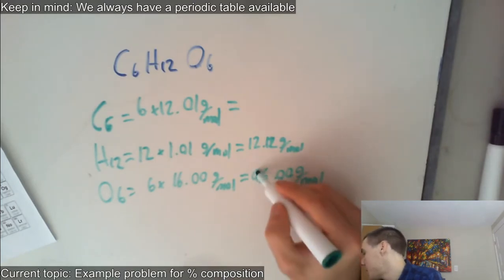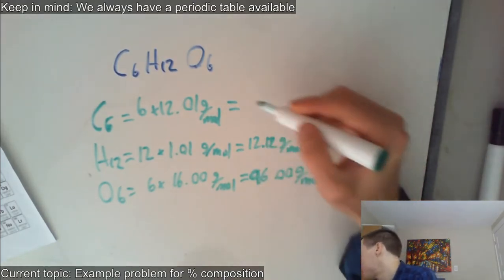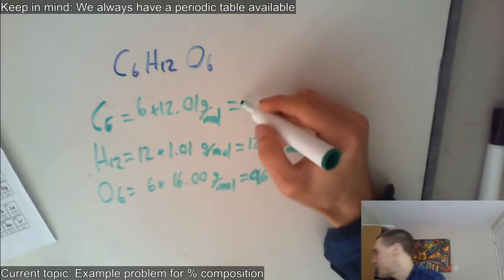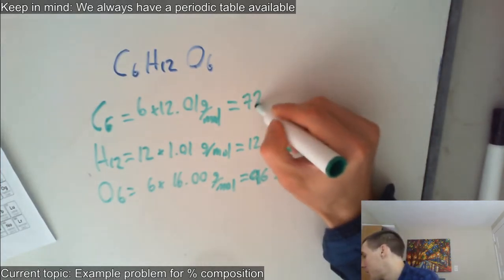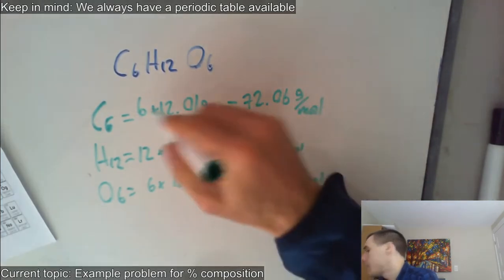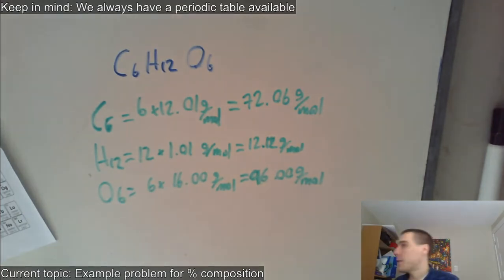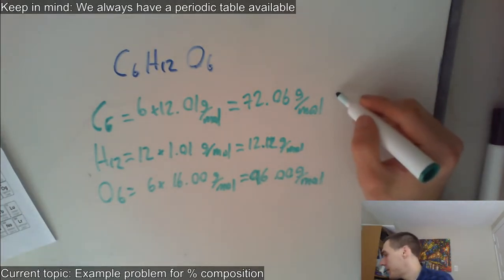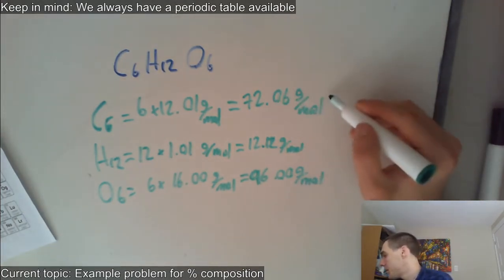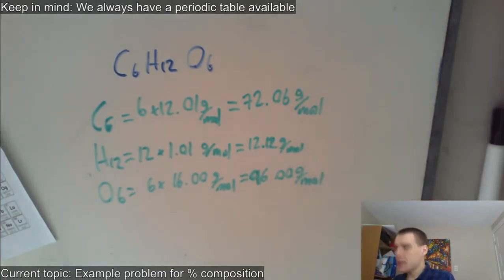And then 6 times 12.01 is 72.06 grams per mole. So that's carbon, hydrogen, and oxygen.